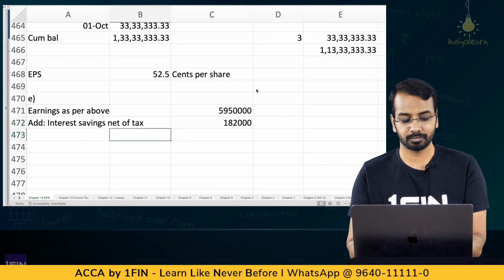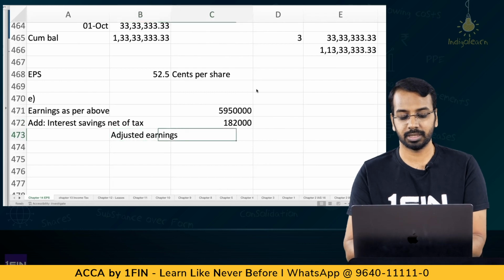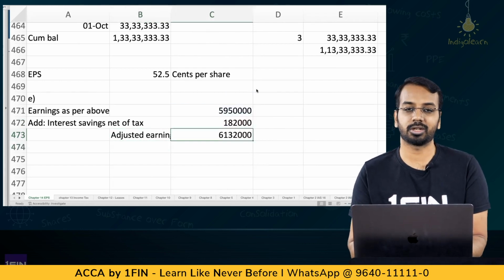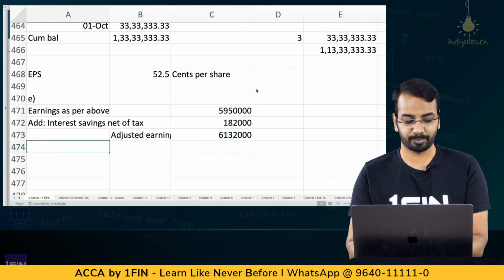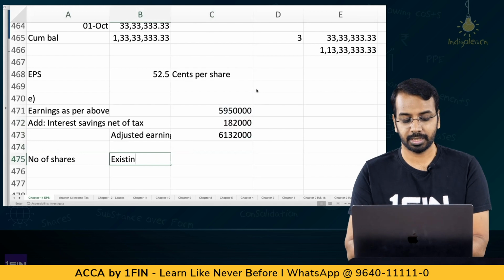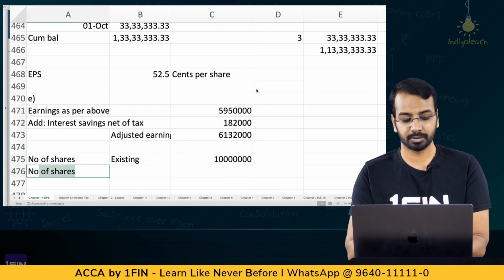So adjusted earnings is 595 plus 182, which is 777,000. Number of shares: existing 10 million. Number of shares potential.